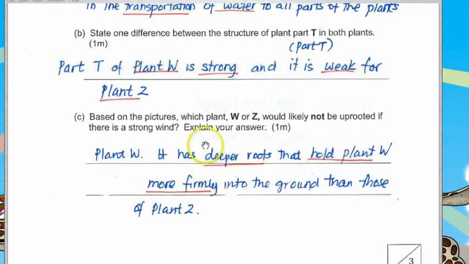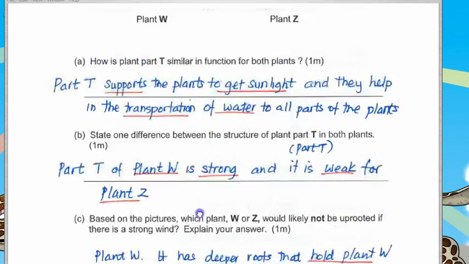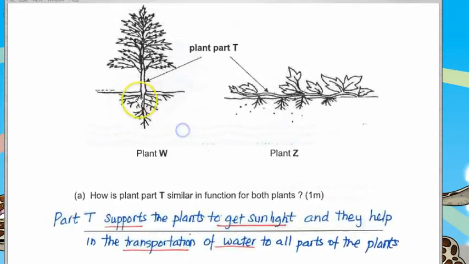Now, based on the picture, which plant, W or Z, would likely not be uprooted if there's a strong wind? Of course, you look here, the plant that is very entrenched inside, deeply rooted, will not be blown off, as compared to this plant here. Probably they are very near the surface, they can be blown off.